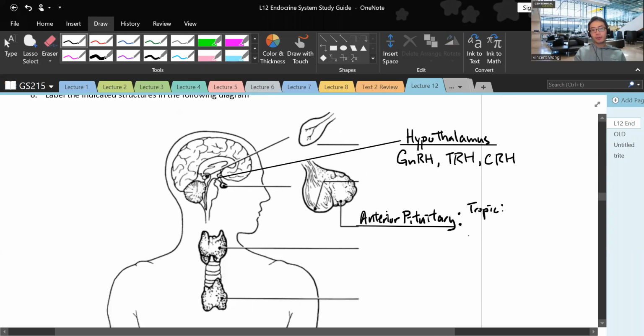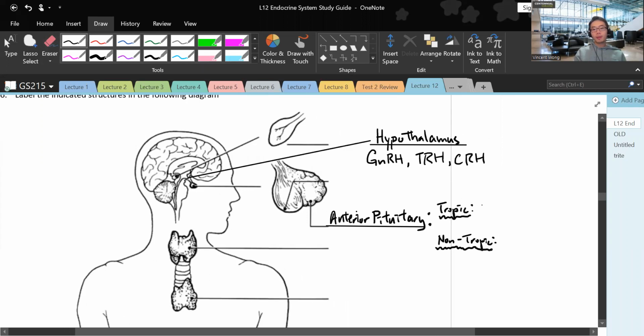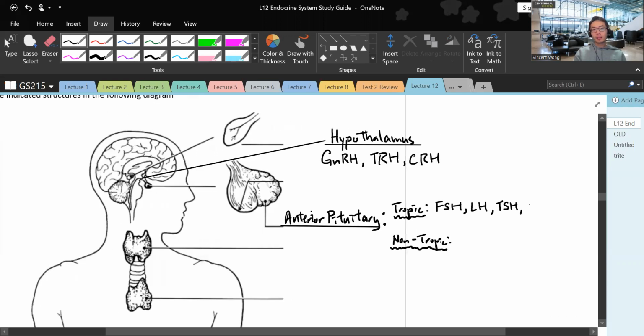It's divided into tropic and non-tropic. For the tropic ones, we have follicle stimulating hormone, luteinizing hormone, thyroid stimulating hormone, as well as adrenocorticotropic hormone, ACTH.